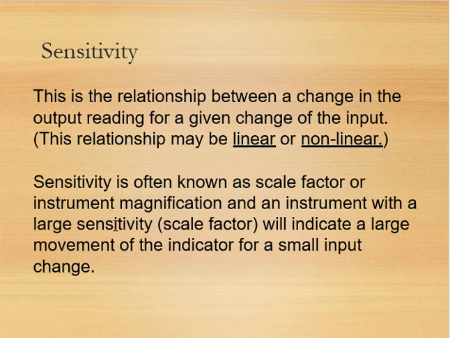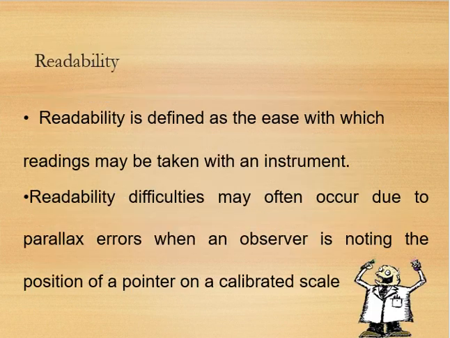Now suppose this change in output per change in input is large, then we can say that the instrument's magnification factor is very good, because for a small change it is giving a large variation at the output. That's why sometimes it is known as a scale factor also. It can be adjusted as per the sensitivity of your instrument or your applications also. So this is all about the sensitivity.